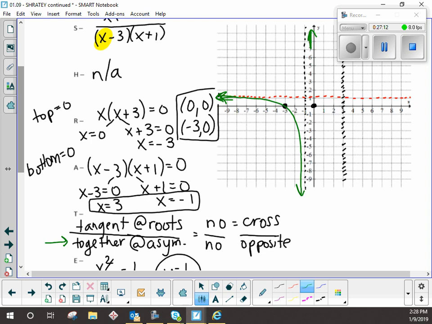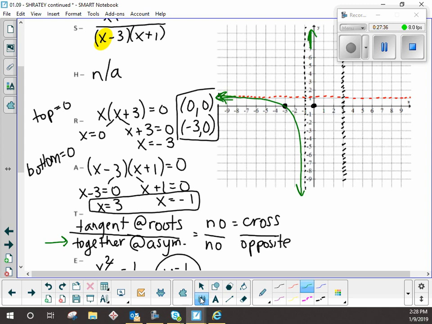If the factor that gave me this asymptote had been squared, I would have said, yes, it comes together, and I would have put an arrow here. But it wasn't squared, so it's not coming together, it's going opposite. That's why that arrow is going to the top. Okay, do you feel good about that arrow?